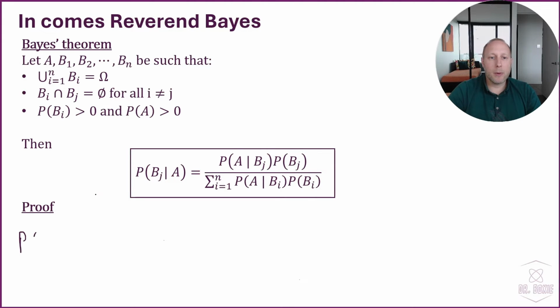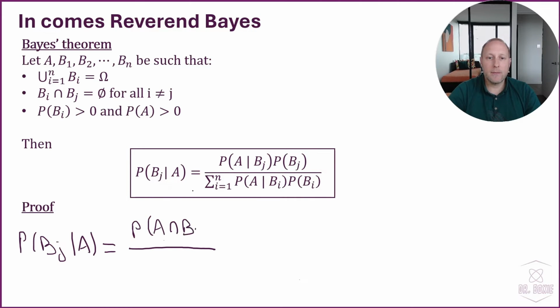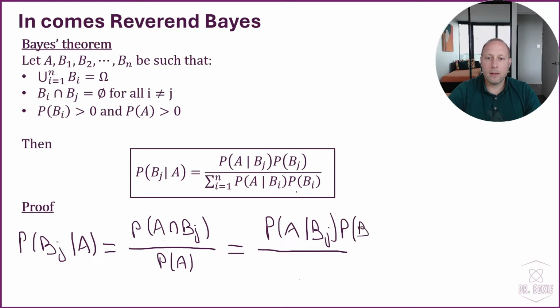We want to look at the probability of Bj conditioned on A. And that is, according to the definition of conditional probability, equal to the probability of A and Bj divided by the probability of A. Now, in the numerator, we can write this as the probability of A given Bj times the probability of Bj. And that is already equal to the numerator in the expression we want to prove.